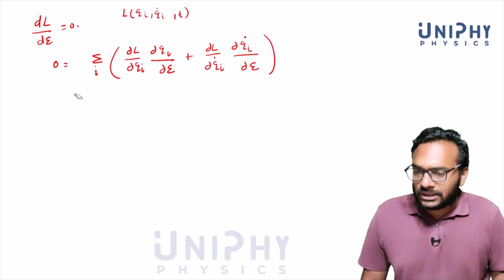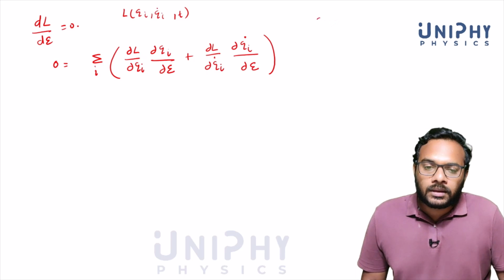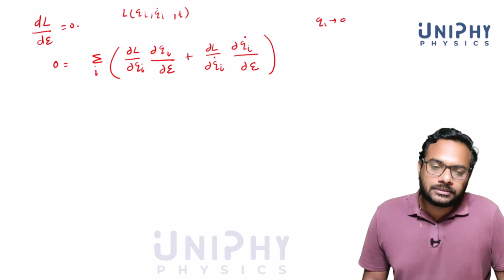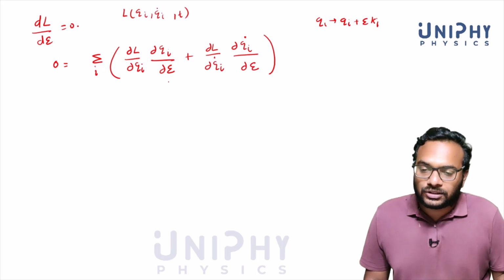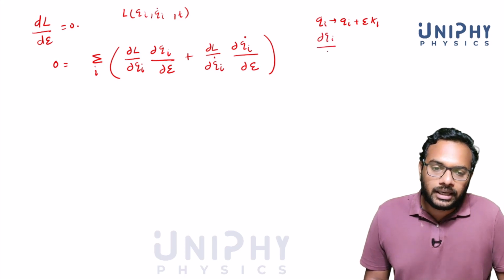Now what's your new Lagrangian? Your new Lagrangian corresponds to the coordinate change qi going to qi plus epsilon ki. So dou qi by dou epsilon is the new coordinate, and dou qi by dou epsilon is equal to ki.